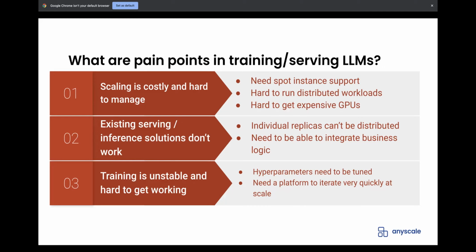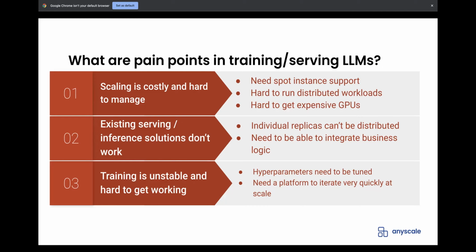How do you design the mechanism to spin up multiple replicas so they can respond to different queries, right? And also you need to integrate the response into your business logic. Many times people want a different experience based on the responses from large language models. So existing solutions are not, based on our understanding, flexible enough to support these two requirements.